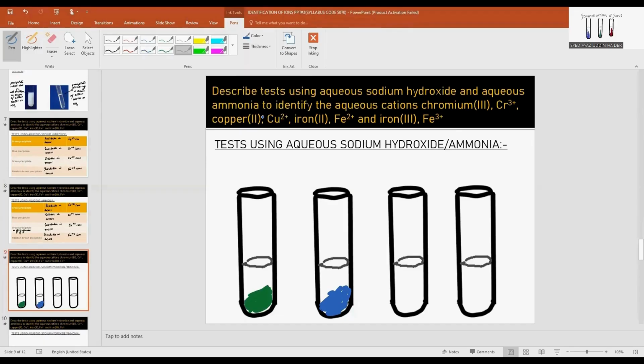And if it is Cr3+, then it must be like this, gray-green precipitate.